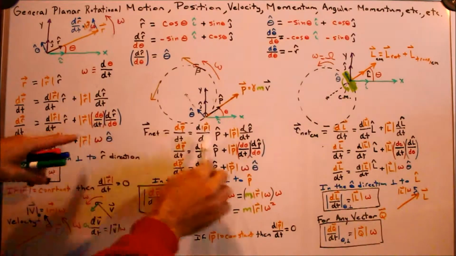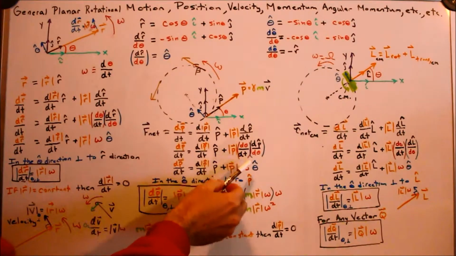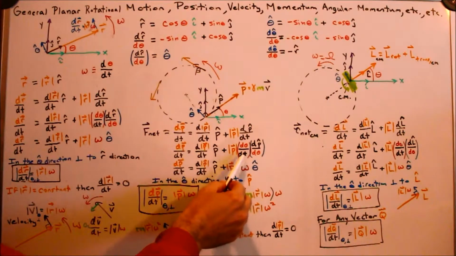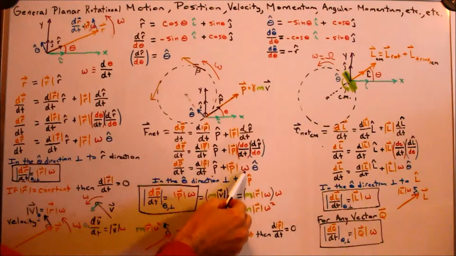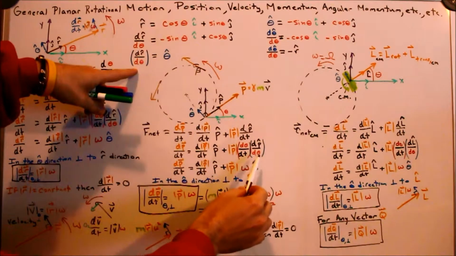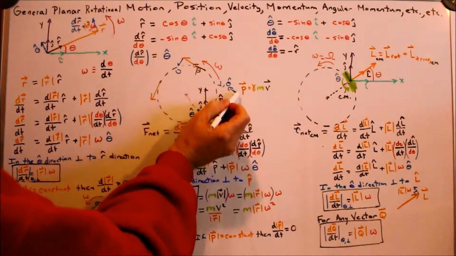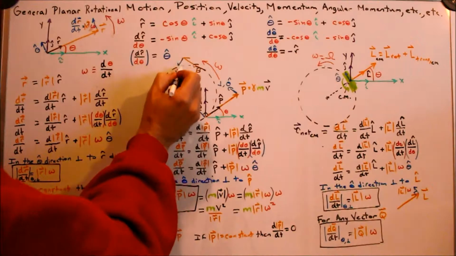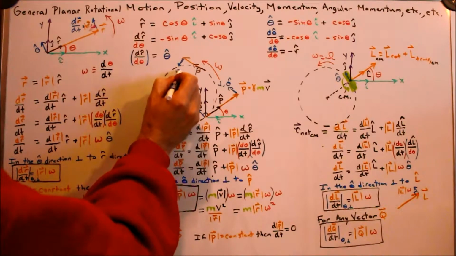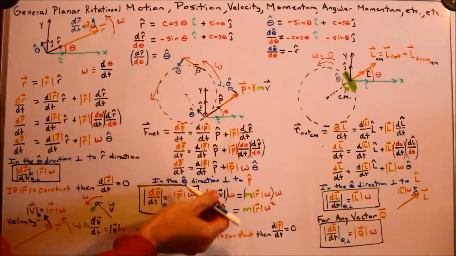Just like I did here, I can break that into two terms. Again, I know the d theta dt of this p hat is omega. And here's the theta hat direction, perpendicular to p at that moment of time, in the direction that p is going.